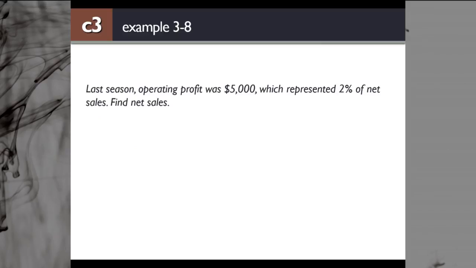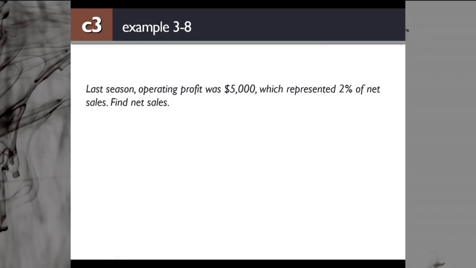Okay, so let's look at this example. Last season, operating profit was $5,000, which represented 2% of net sales. Find net sales. So now you know operating profit in dollar and in percentage. So now you know this one factor in two different figures, dollar and percent.